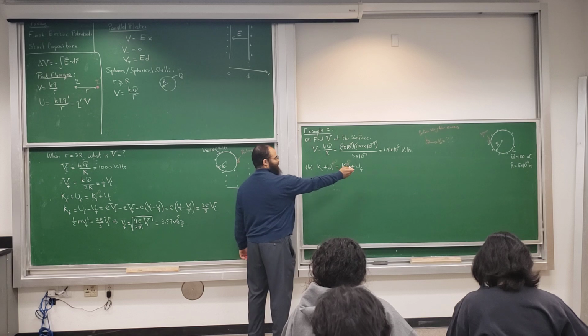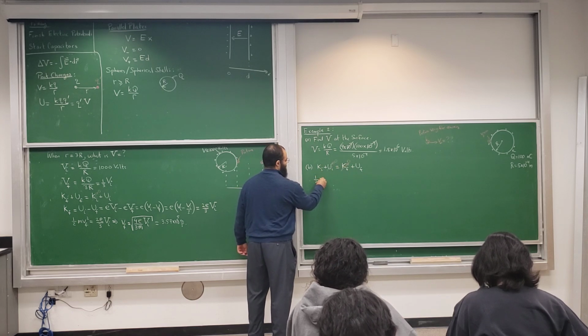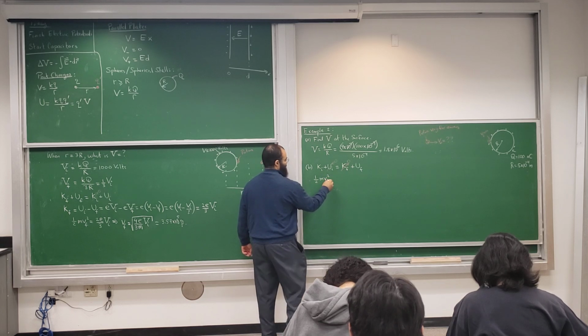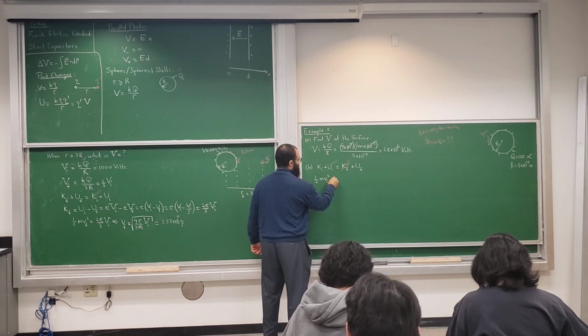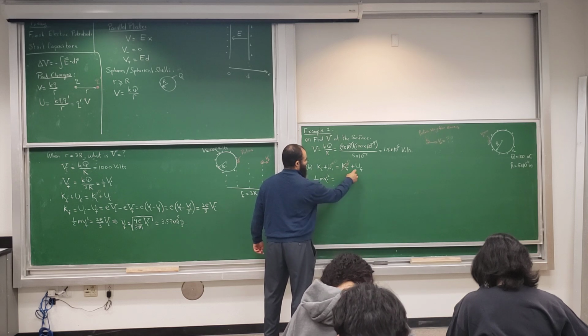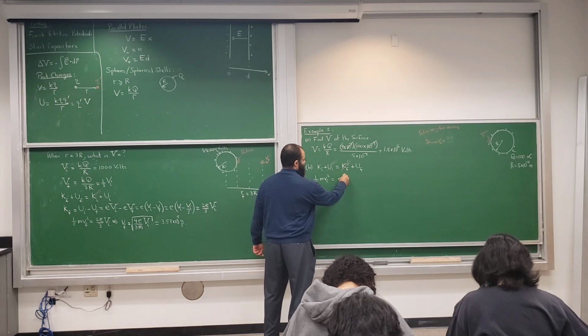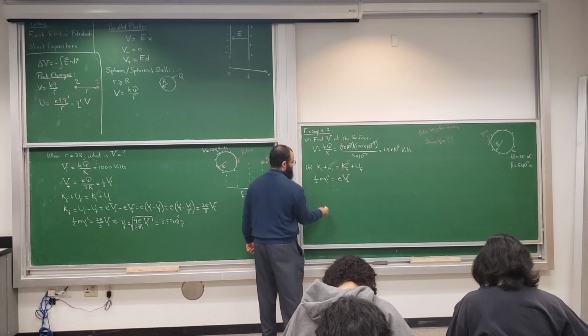Kinetic energy became potential. Kinetic at the beginning is 1/2 m v initial squared. And then the potential at the end is the charge of the proton, which is q or e, times the electric potential at the end.